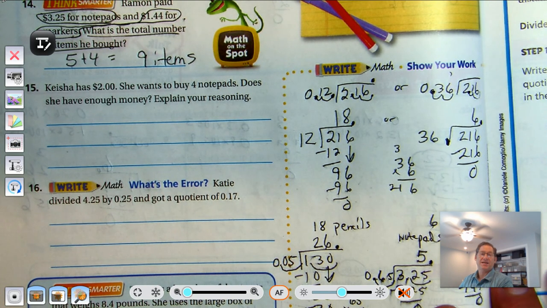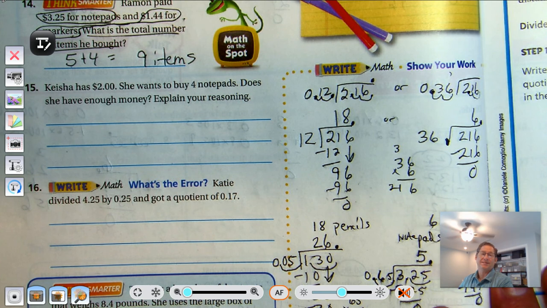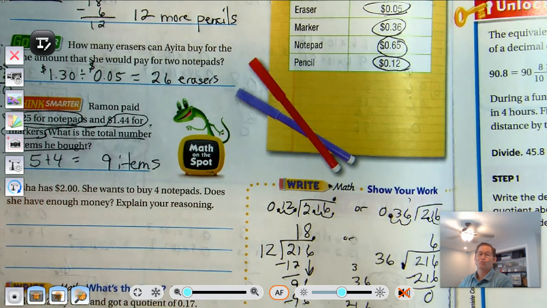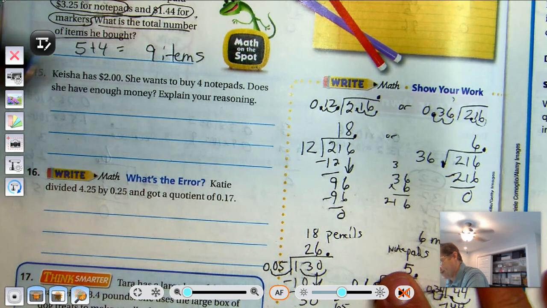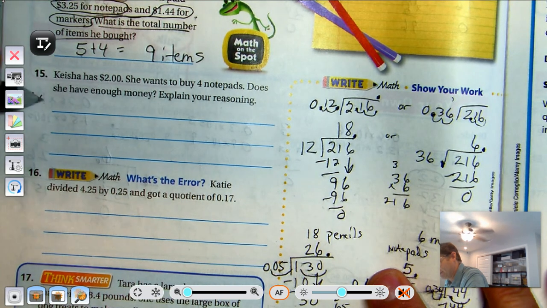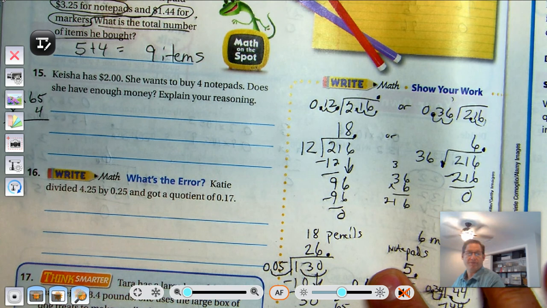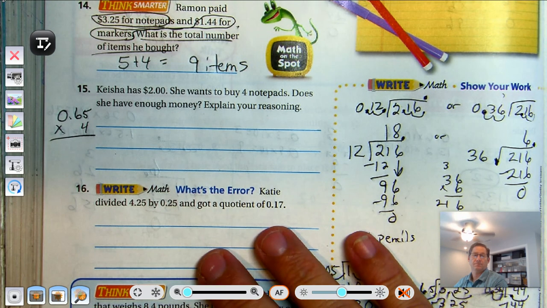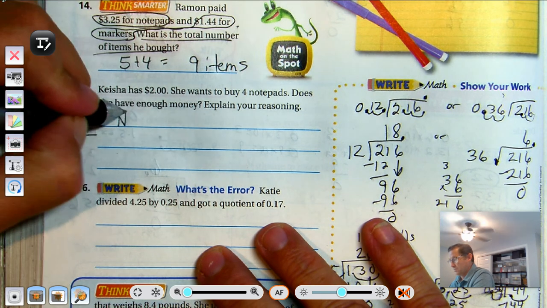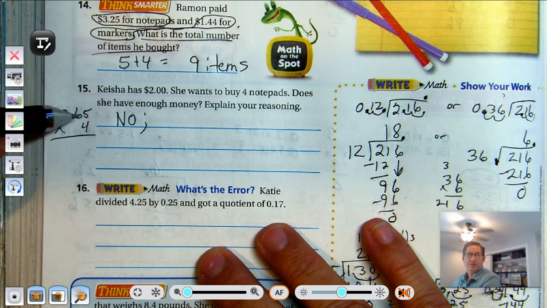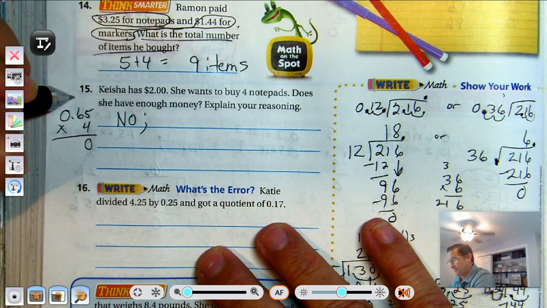Keisha has $2. She wants to buy 4 notepads. Does she have enough money? All right, each notepad is 65 cents. She wants to buy 4 of them. No, she's not going to have enough, right? Let's just confirm that. 4 times 5 is 20.